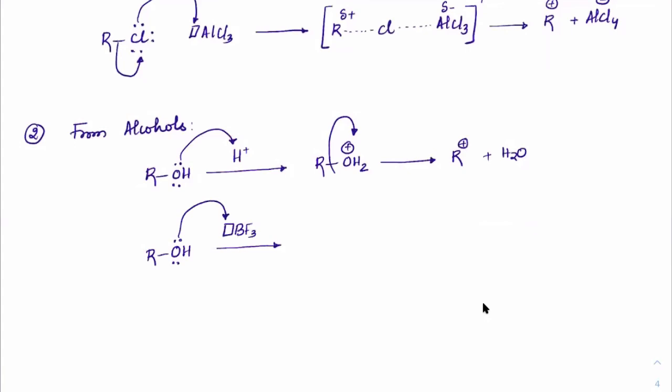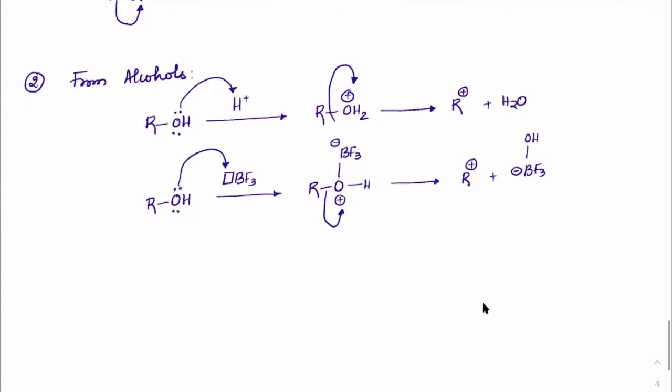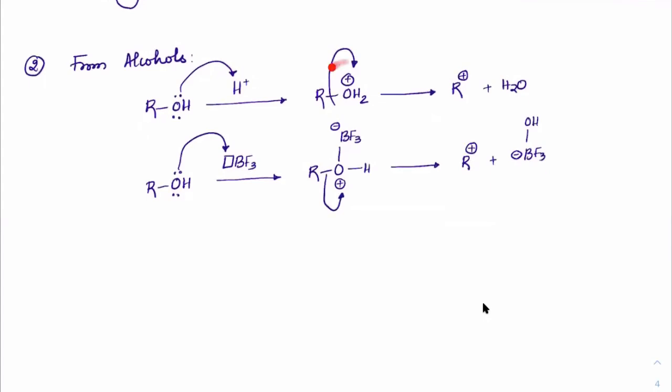So the lone pair will be donated to that empty orbital and you will get this as O BF3 H, with plus and minus charges, and after that this will break to form R plus and BF3 OH with a minus charge. So that's how we are getting carbocation formation. This is also an intermediate state, not a transition state.